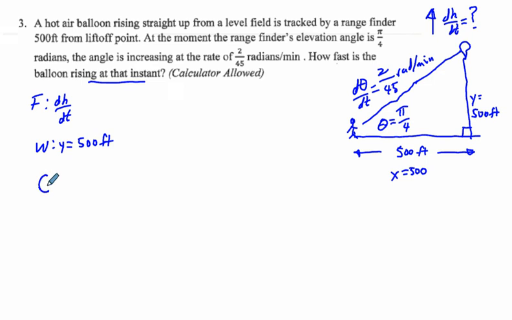We're given x is equal to 500 feet. We're given d theta dt is equal to 2/45 radians per minute.